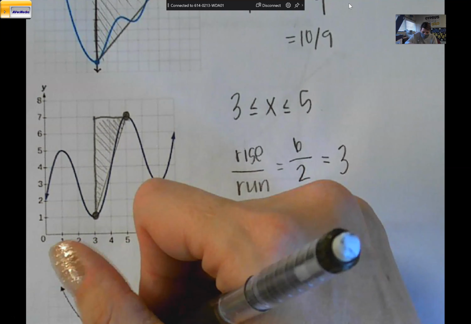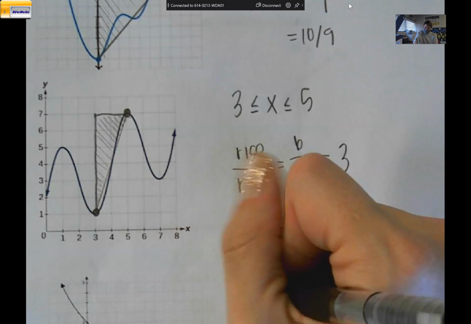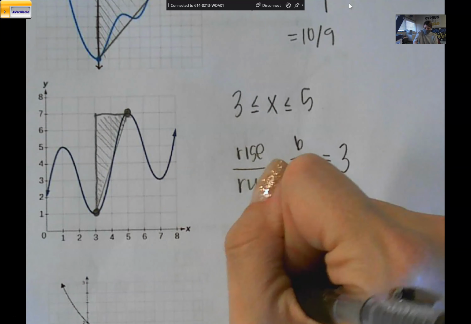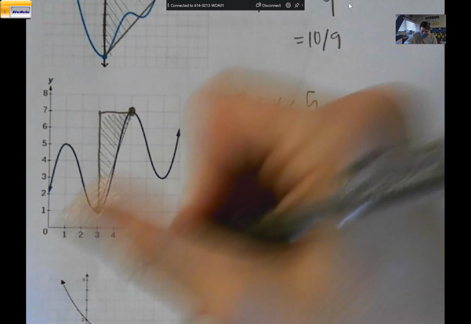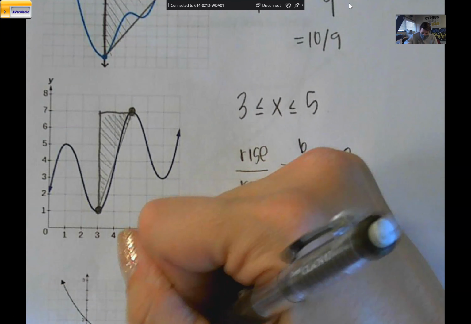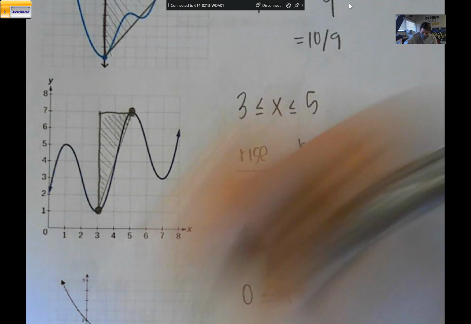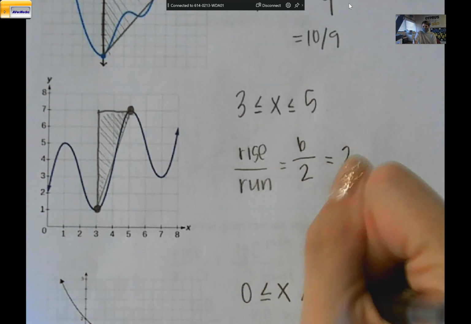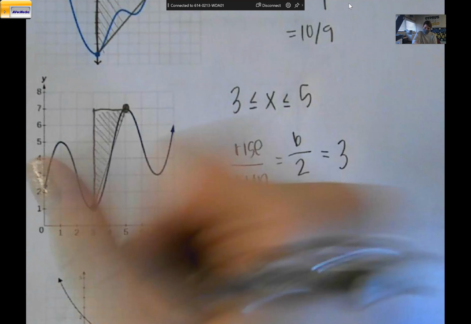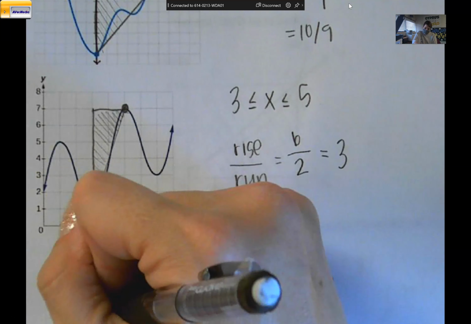Let's go from x is 0 to x is 2. X is 0 to x is 2.